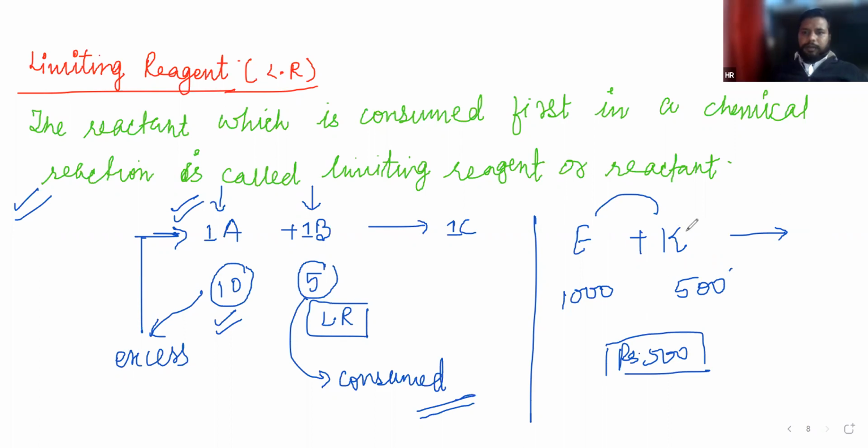The money of Krishna will end, Krishna is empty now, and you have 500. Now you cannot watch another movie. So the reactant which is consumed first is called limiting reagent, just like this. Write it. And I will give you a very short trick to know which is the limiting reagent and which is not.